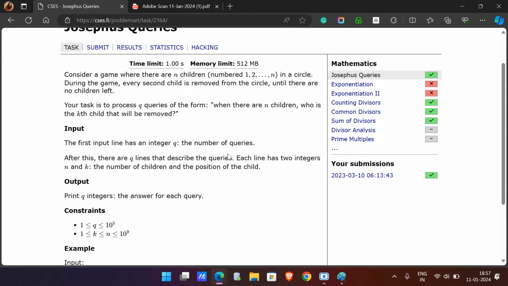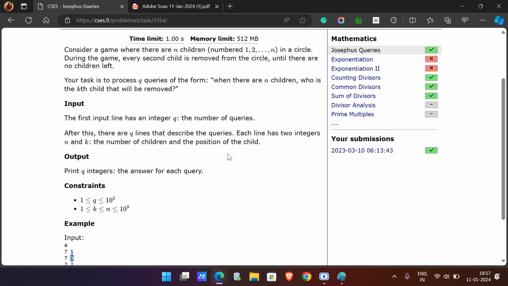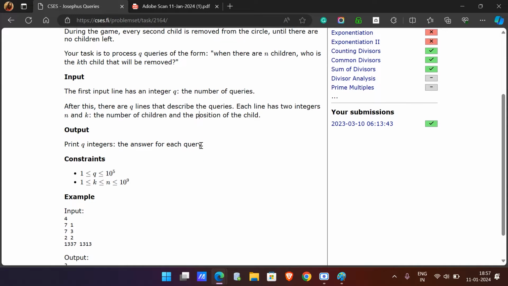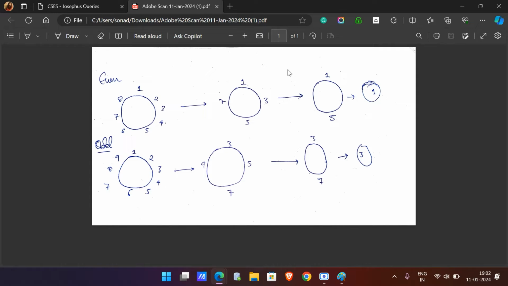So we can move on with one more example that I have created for a better understanding of the algorithm. The example I prepared covers the two cases, even and odd. For the even case, in the first turn, the children removed are 2, 4, 6 and 8, and I'm left with 1, 3, 5 and 7.